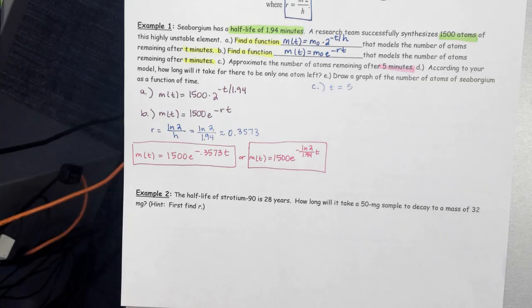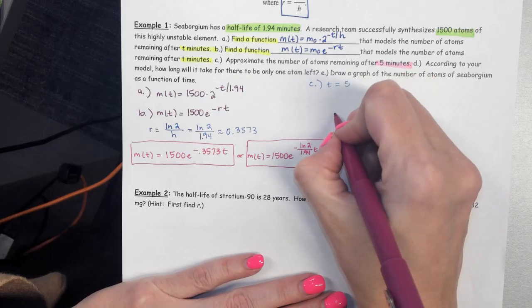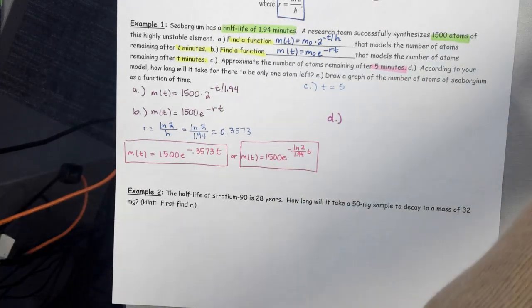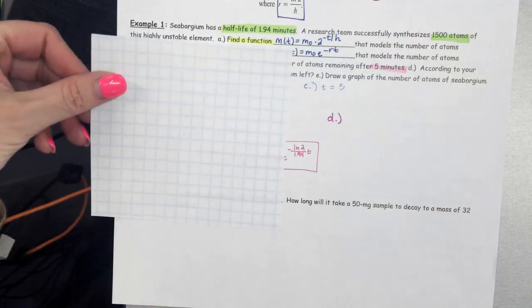And then once you've calculated that, I want you to set up part D. Part E is the graph that's going to go on your sheet of graph paper here.